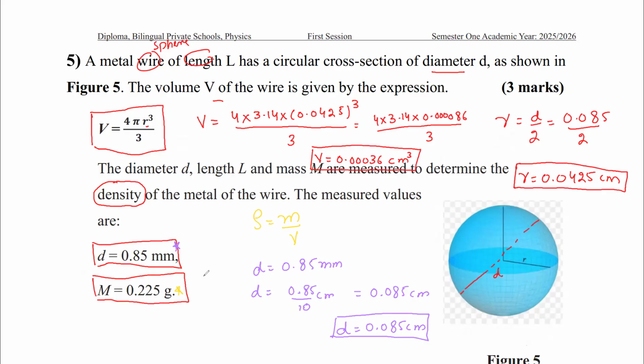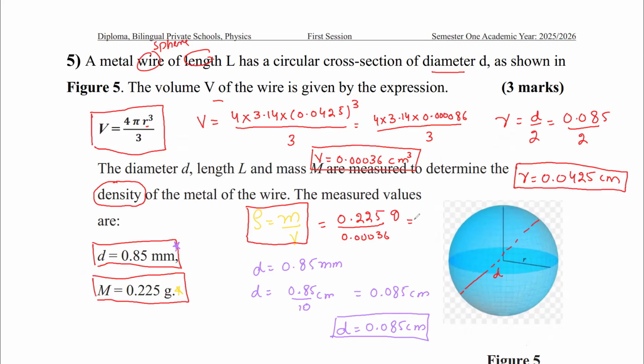Now the last thing is to find the density. We know that density is mass per unit volume. Just put the values. Here mass is 0.225 gram and volume is 0.00036.